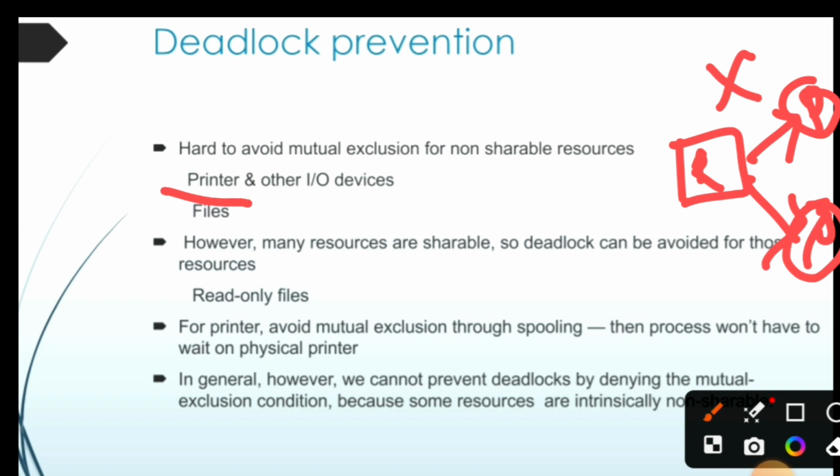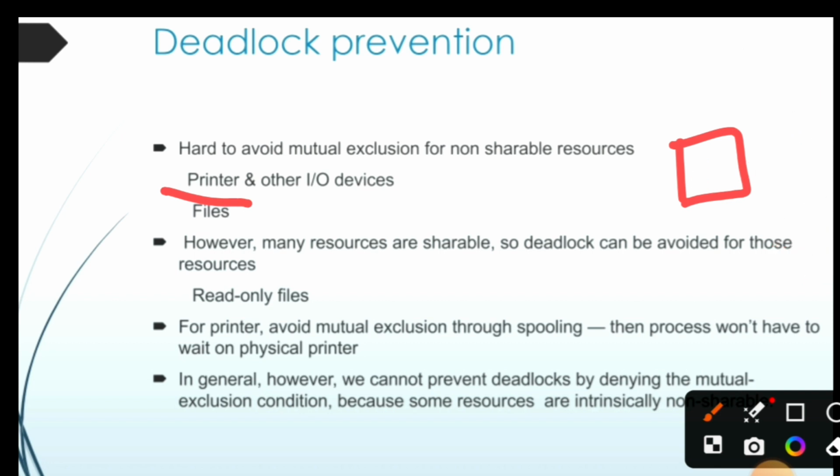Mutual exclusion is a condition that we cannot totally avoid. In general, we cannot prevent deadlock by denying the mutual exclusion condition because some resources are intrinsically non-shareable. We are discussing deadlock prevention, and we see that mutual exclusion is one condition that must hold for a deadlock to occur. If we can avoid mutual exclusion, then deadlock will never occur.